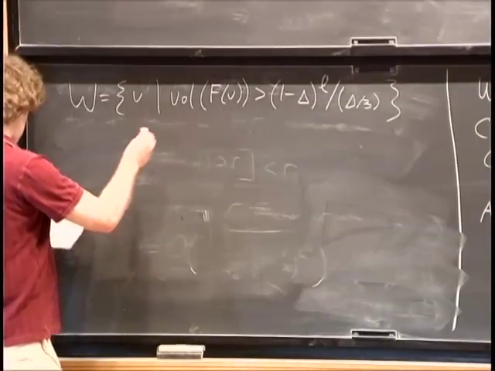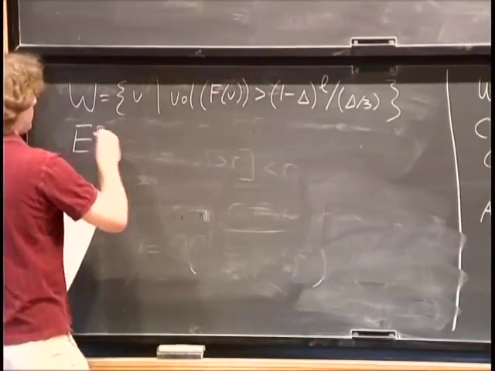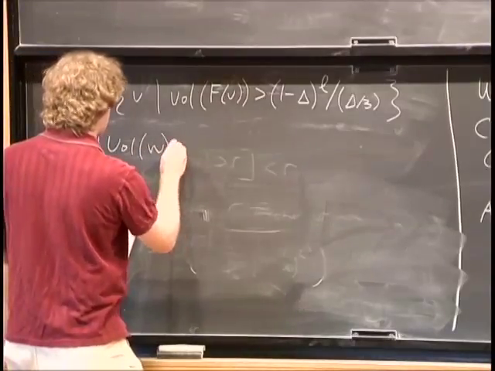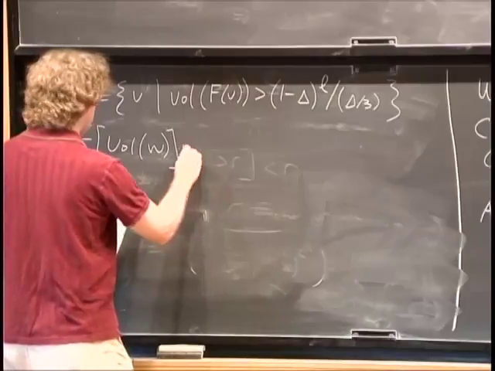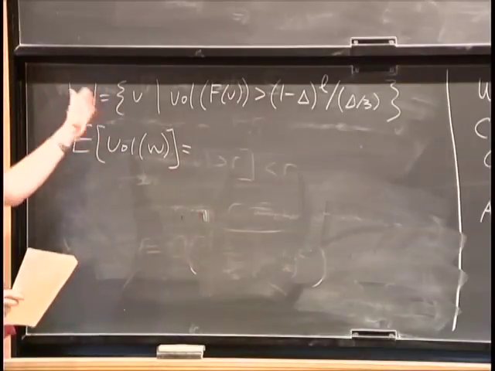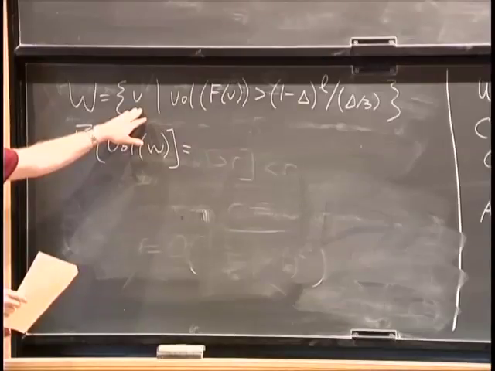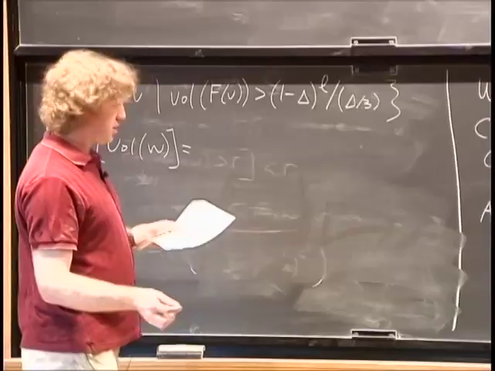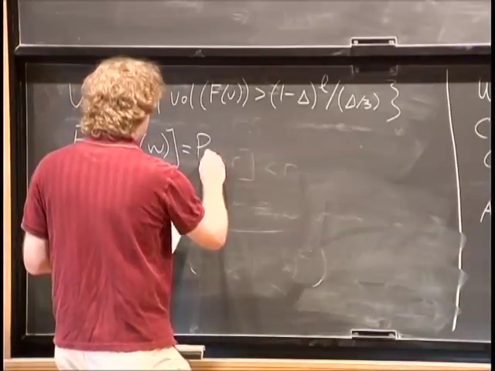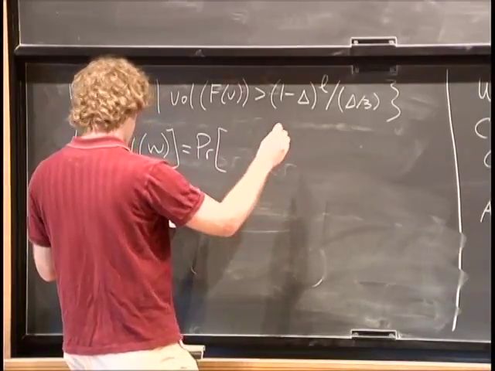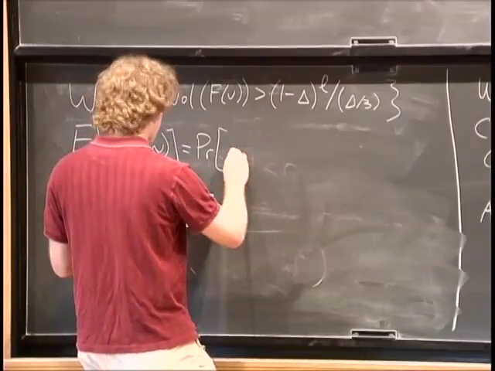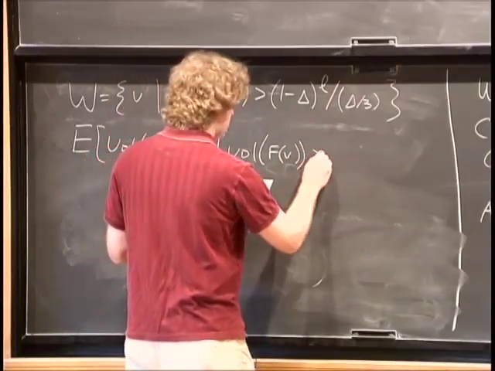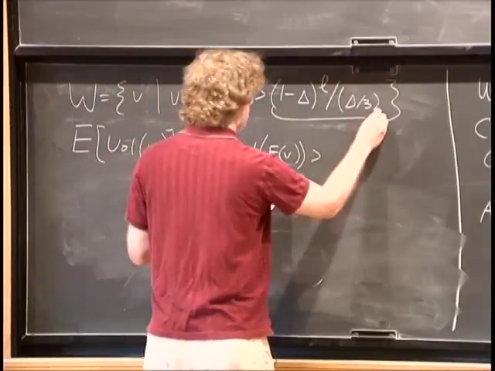Now, the expected volume of outliers is exactly the probability that some vertex is an outlier. And the probability that some vertex is an outlier is the probability that this is bigger than this.